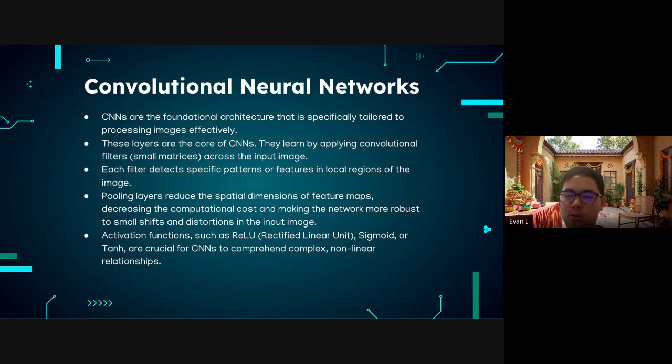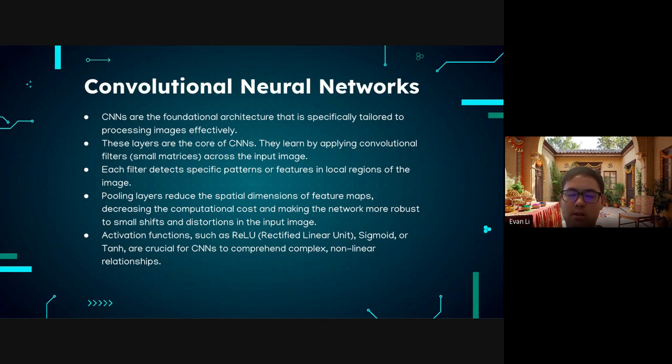As these filters convolve across the image, they detect specific local patterns or features such as edges, corners, textures, and basic shapes. Each filter is designed to respond strongly to a particular type of visual feature, and the convolutional layers learn a hierarchy of these features, from simple to increasingly complex as information propagates through the network.